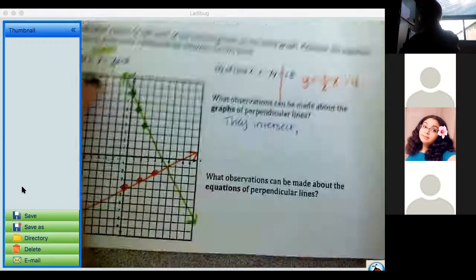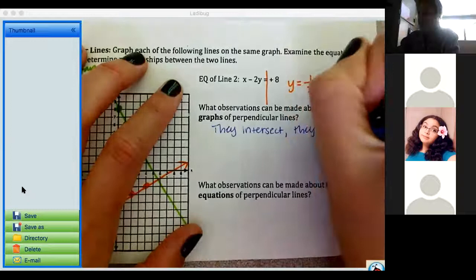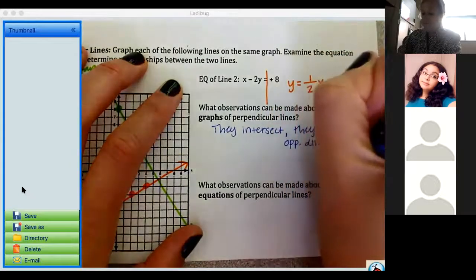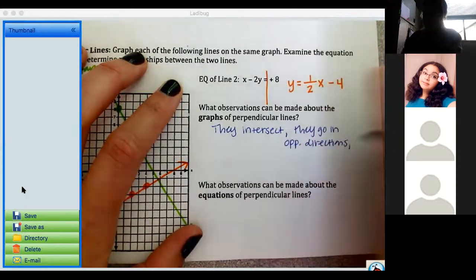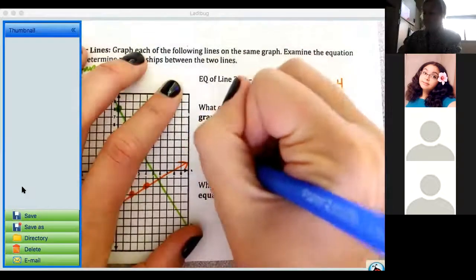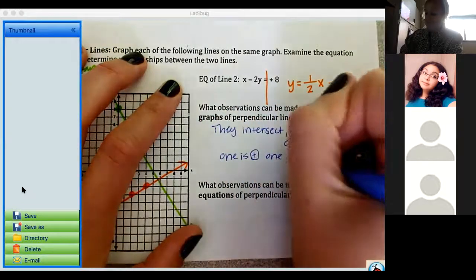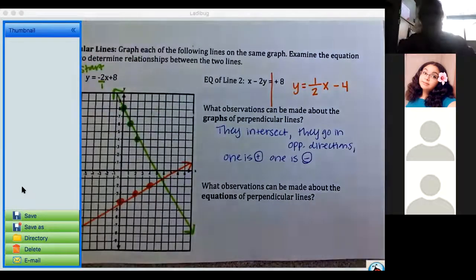Positive. So let's write, they go in opposite directions. And then y'all said one is positive, one is negative. Those are the main observations about the graphs.